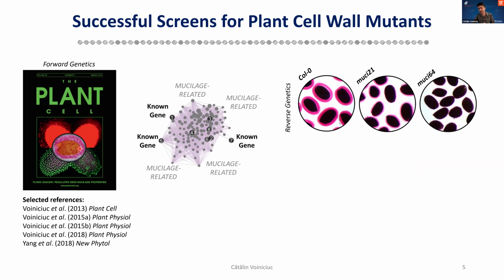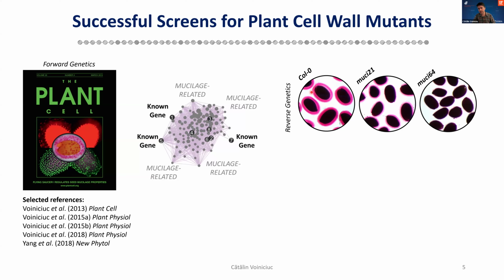So for my PhD, once I moved to Germany, I decided to really hunt down those carbohydrate active enzymes. And I performed a reverse genetic screen for mucilage-related carbohydrate active enzymes, using some of the known genes as the bait and bioinformatic tools, mostly leveraging transcriptomic data to predict which other glycosyltransferases or related enzymes might be involved.